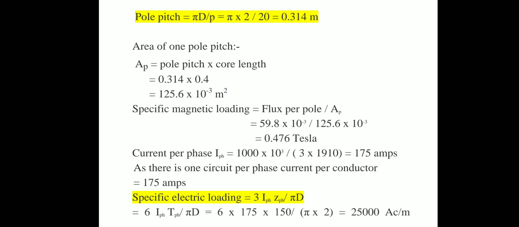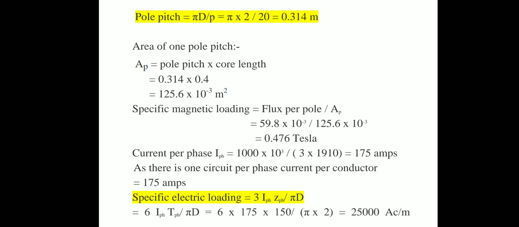Now specific magnetic loading is equal to flux per pole divided by Ap, where Ap is the area of one pole pitch, which is equal to 59.8 into 10 raised to power minus 3 divided by 125.6 into 10 raised to power minus 3. The result is 0.476 Tesla.